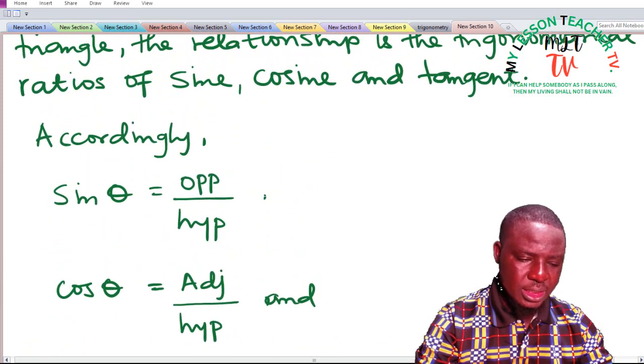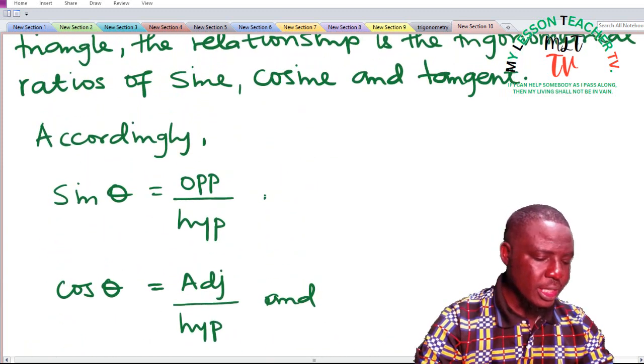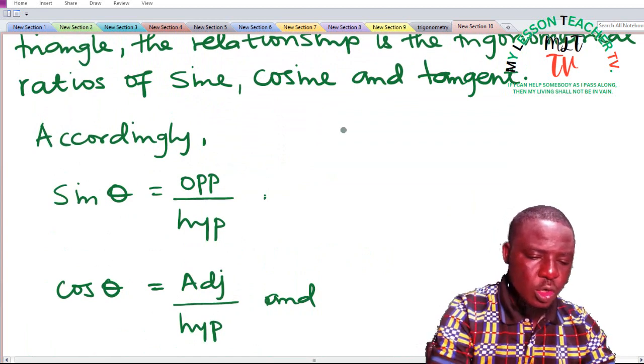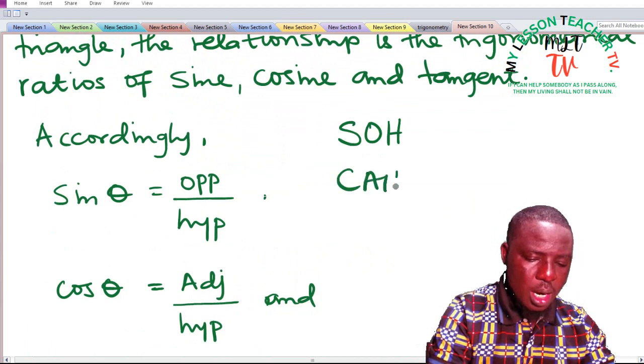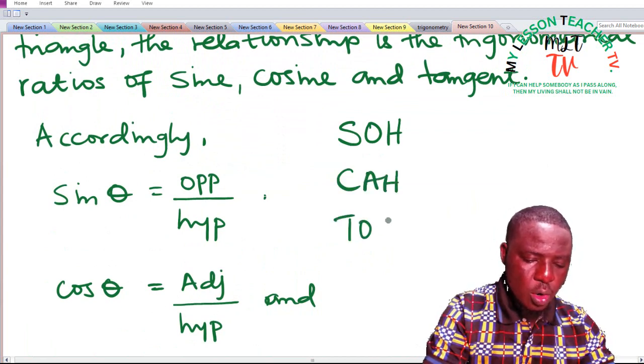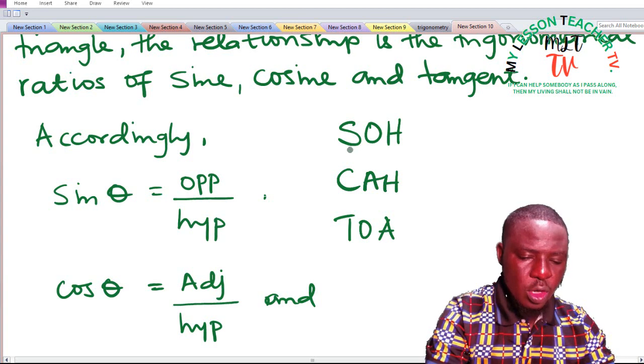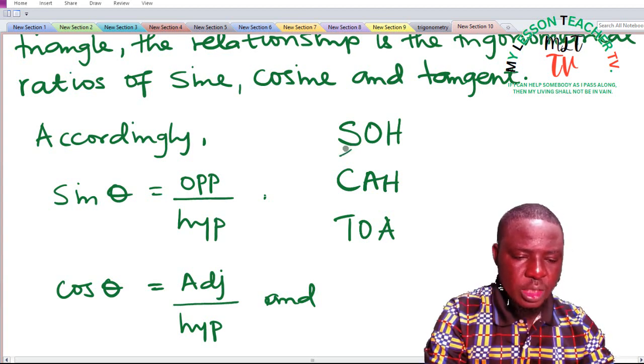And in those days, we had a simple trick for memorizing all of this. We abbreviated it as SOHCAHTOA. This is SOHCAHTOA, where SOH means that the sine of a given angle in a right angle triangle is the ratio of the opposite side over the hypotenuse side.